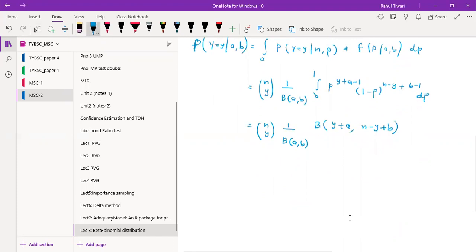And this distribution is known as the beta binomial distribution with parameters n comma a comma b.